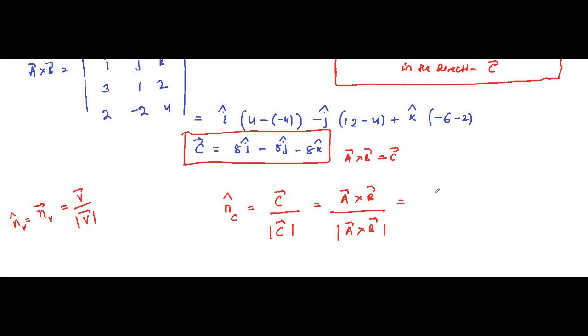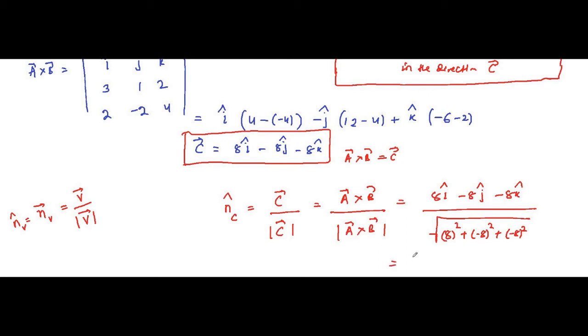So here it is 8i cap minus 8j cap minus 8k cap divided by the modulus, which is the square root of 8 squared plus minus 8 squared plus minus 8 squared.